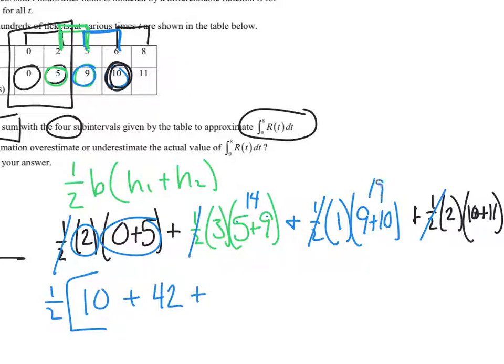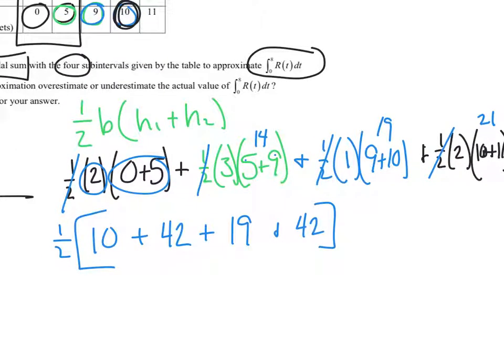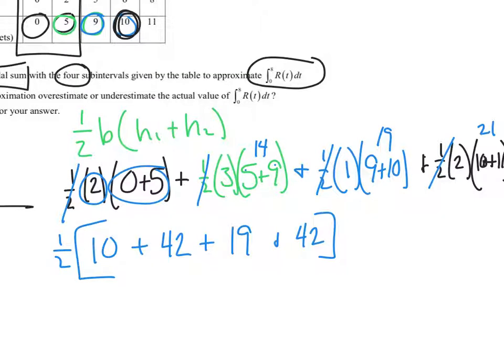Plus that's 19 times 1. Plus 10 and 11 make 21 times 2, gives me a 42. And then I'll add those up and take half that answer. So I think that gives me 1/2 times 113. So I'll just call that 113 over 2. And again, approximately 113 over 2.